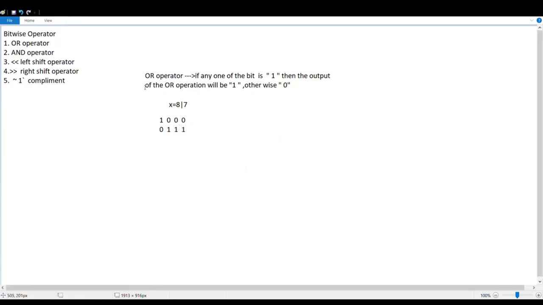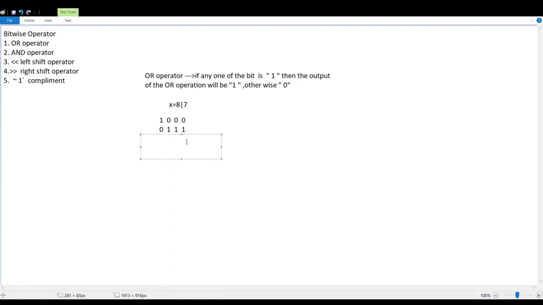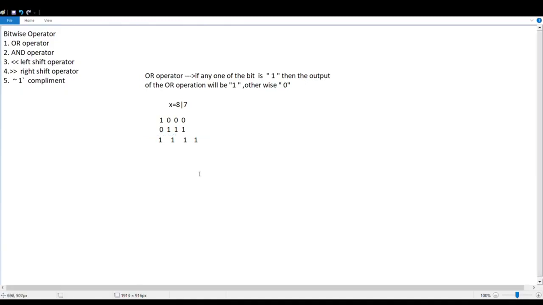By performing the OR operation, the output of the result will be 1 1 1 1, and this number we represent in the decimal number system as 8 plus 4 plus 2 plus 1, which is 15. So the output of the OR operation in this case will be 15. So the value of X will be 15.